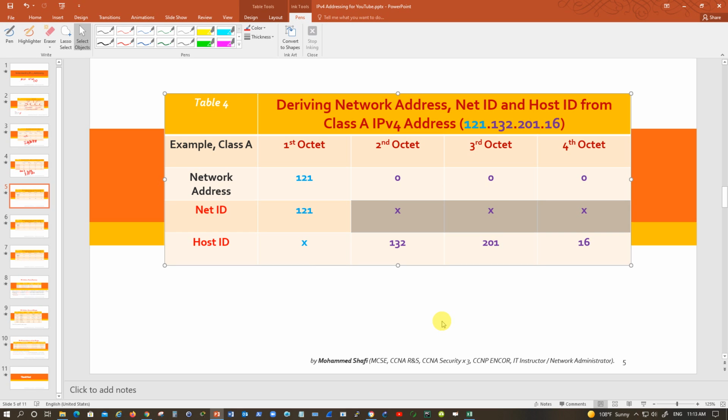In some books, people usually go with 0.0.0 here. Net ID and network address are used interchangeably, but the more accurate way is to just mention 121 as the net ID, because we are not talking about the network address. The network address is this; in this complete address, what is the net ID? This is the one.